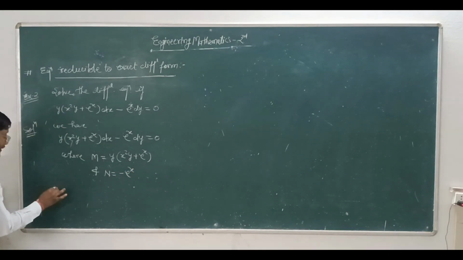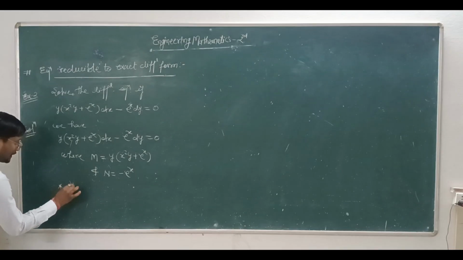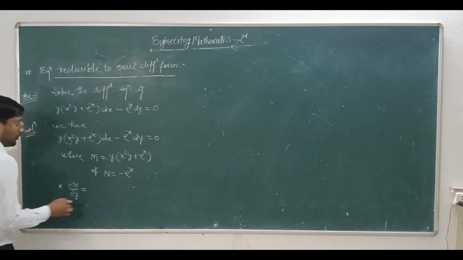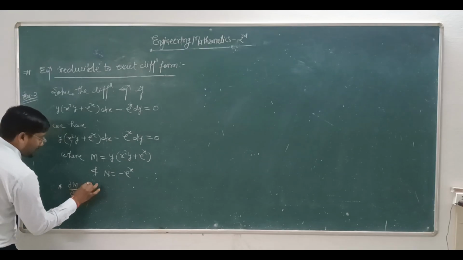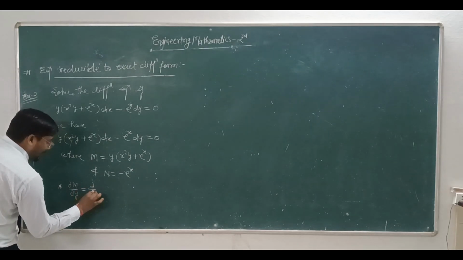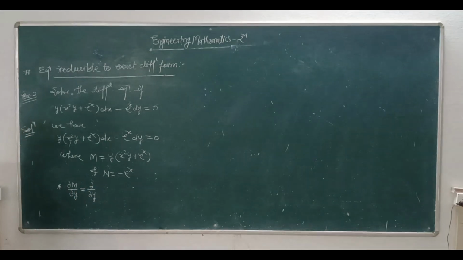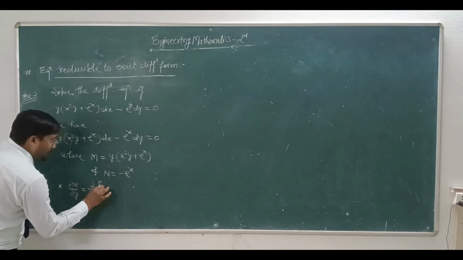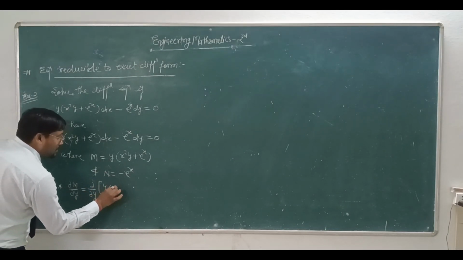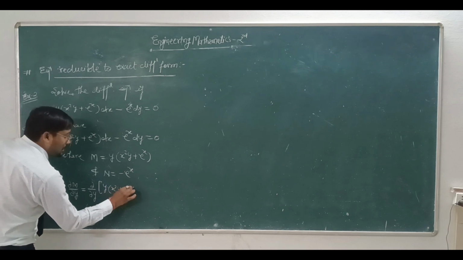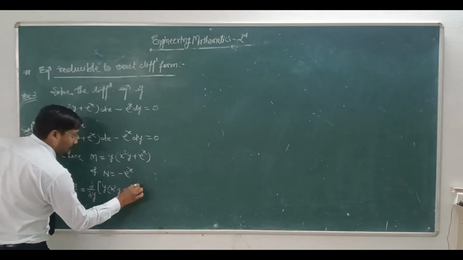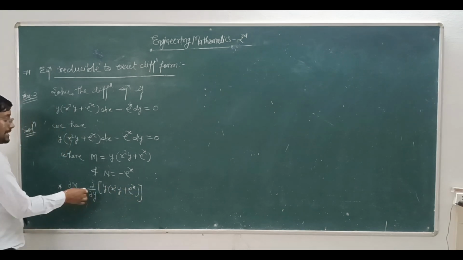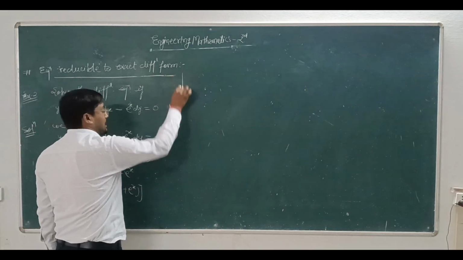First, you can find del m upon del y, which is del upon del y of y(x square y plus e to the power x), where x is constant.